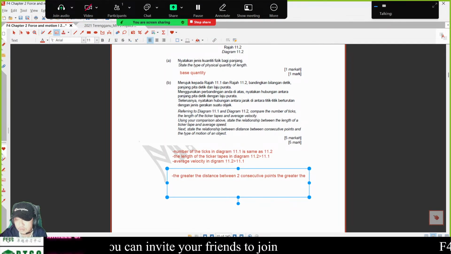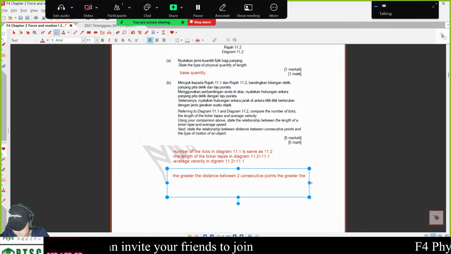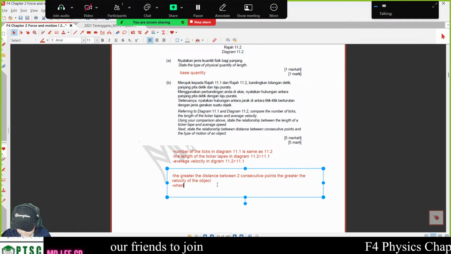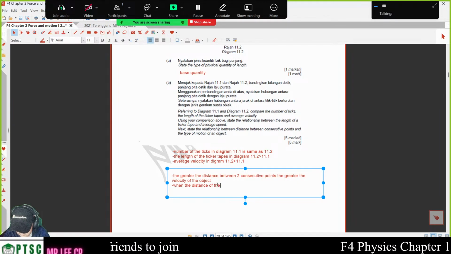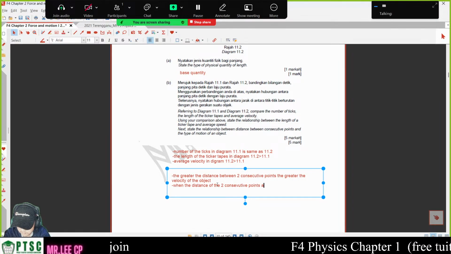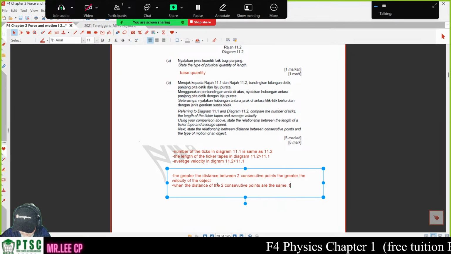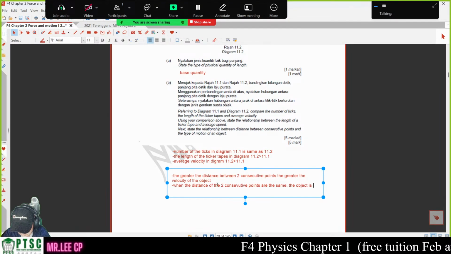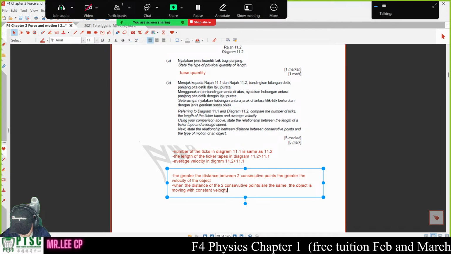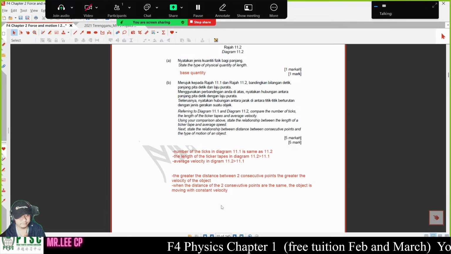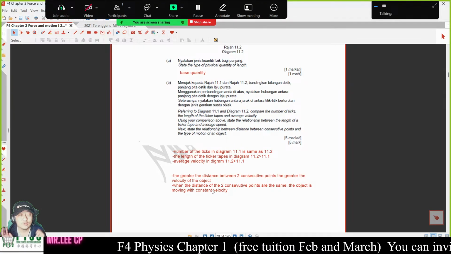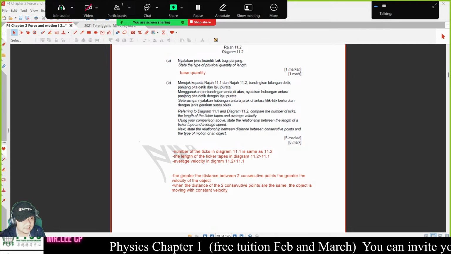So I was short of 1 mark. Okay, when the distance is all the same, it means the object is moving with constant velocity. Is that alright?